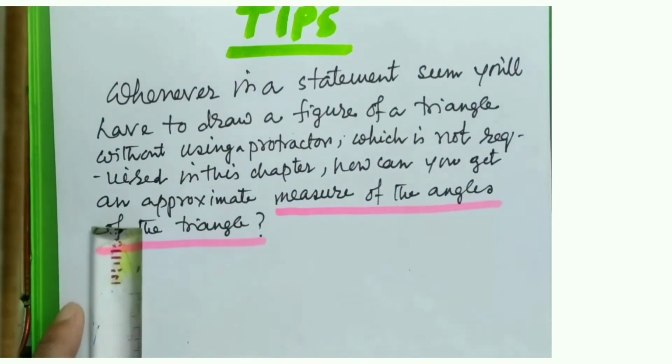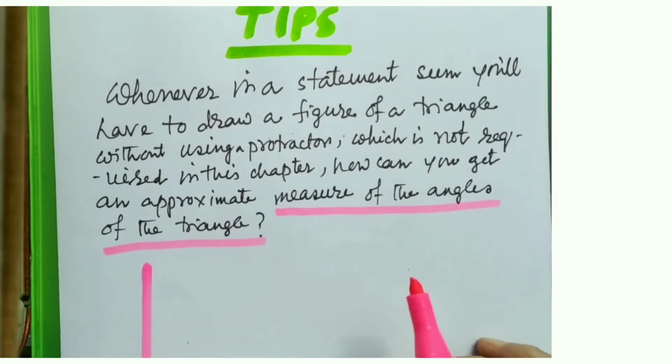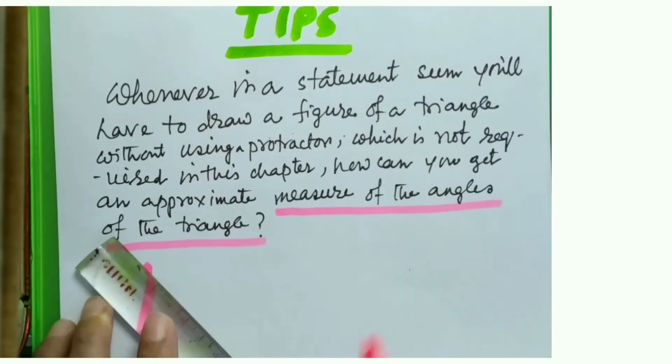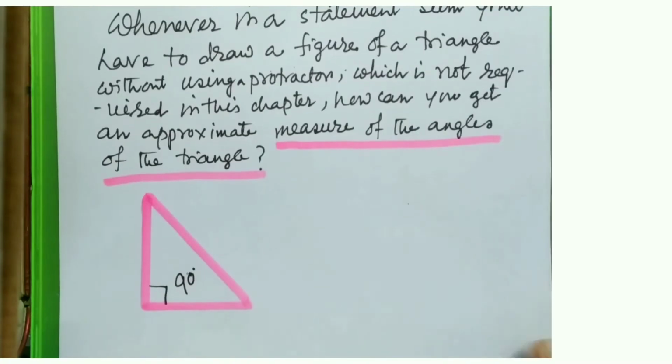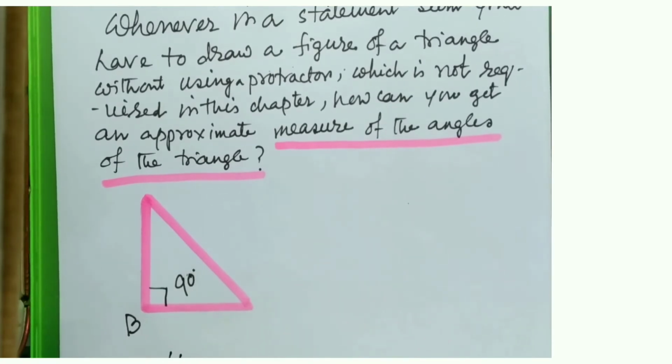Suppose I am drawing here one right triangle. I know everybody can draw a right triangle with an angle of 90 degrees. So this one is a right triangle and this angle is 90 degrees. So when I'm just thinking of this angle B, in this case angle B is equal to 90.